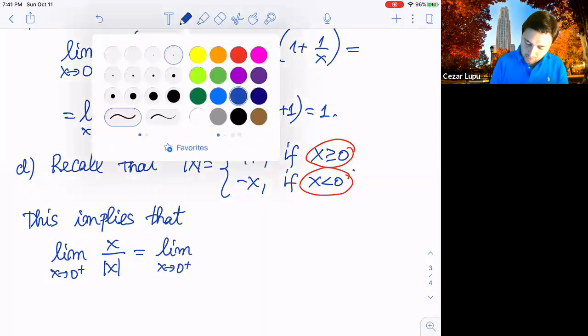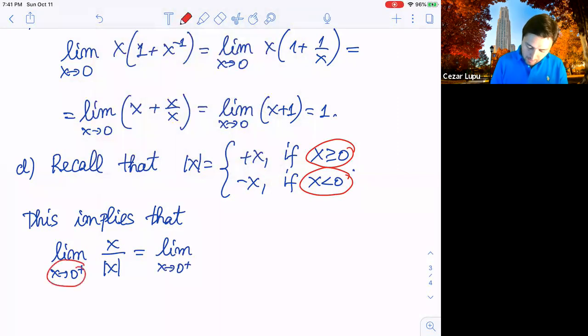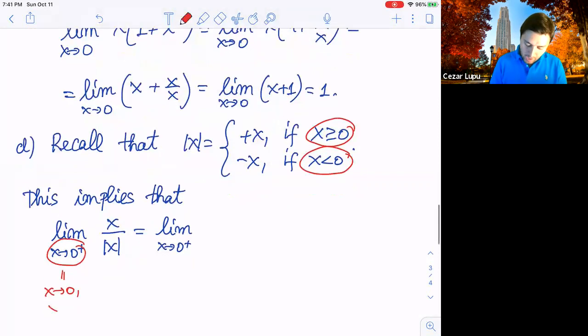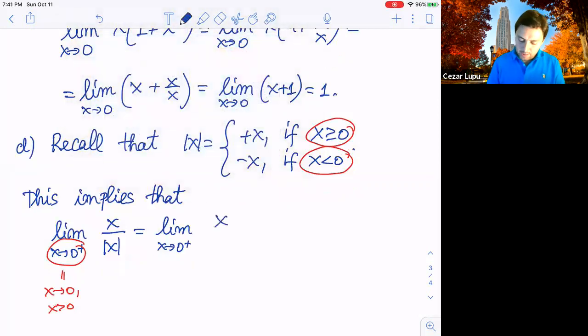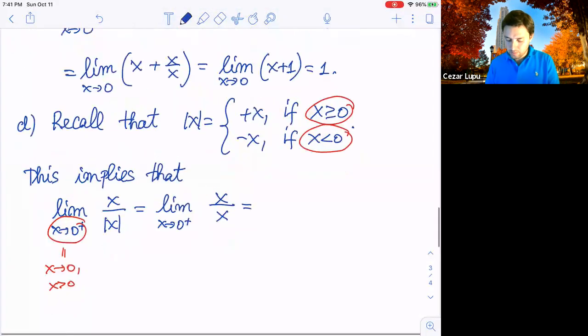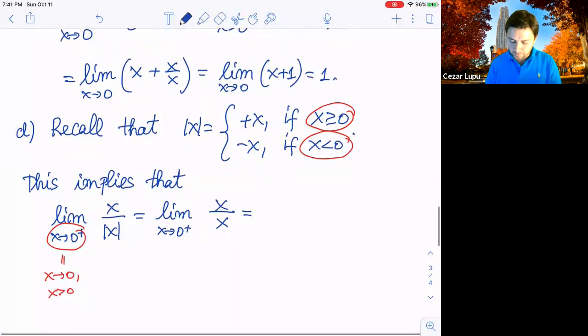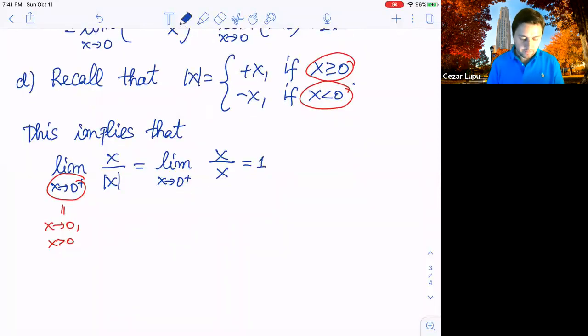Keep in mind, okay, let me just say it again here. This guy here is nothing else than just x approaches 0, but x is greater than 0. So keep that in mind. So this will be x. Well, in this case, the absolute value of x will be positive x, so it will be x, and this guy will be 1. So this guy is 1, right?